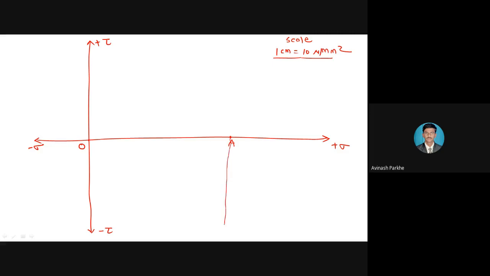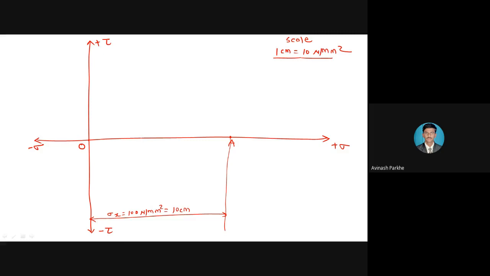So at the bottom side, I will write down the meaning of point A, that is sigma x is equal to 100 Newton per mm square is equal to 10 centimeter. So this is the location of point A.